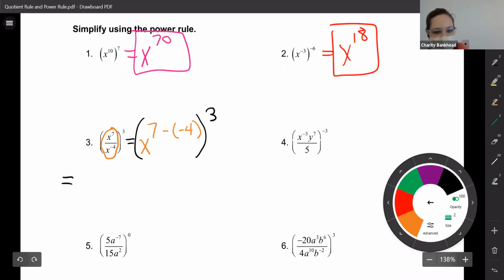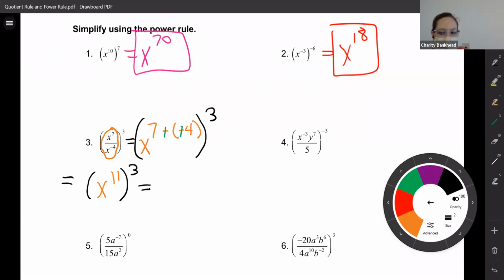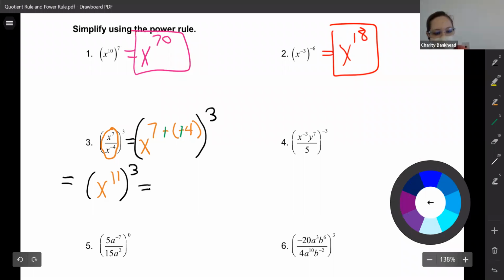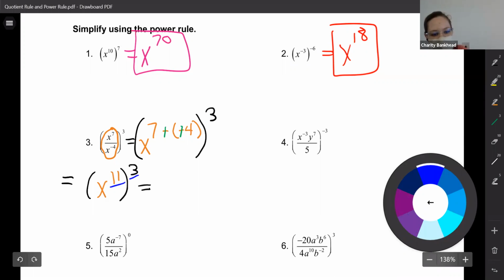Minus a negative turns that into a plus, and so 7 plus 4 is 11. So you have x to the power of 11 inside the parentheses, and then all of that is raised to the power of 3. Then just use the power rule and multiply 11 times 3, which equals 33. So x to the power of 33 is the final answer.